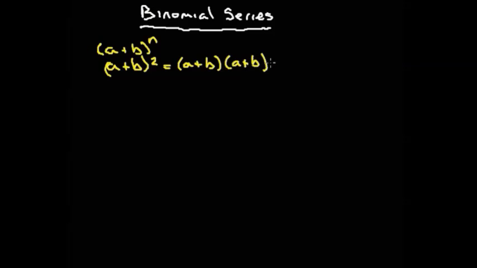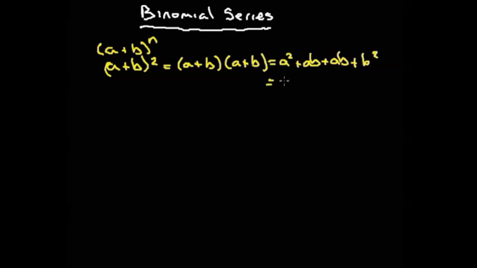When we do the expansion of that, I'm going to do a times a, a times b, b times a, and b times b, and that comes out as a squared, that's my a times a, plus ab plus, well, b times a is the same as a times b, so I've got another ab, plus b squared.